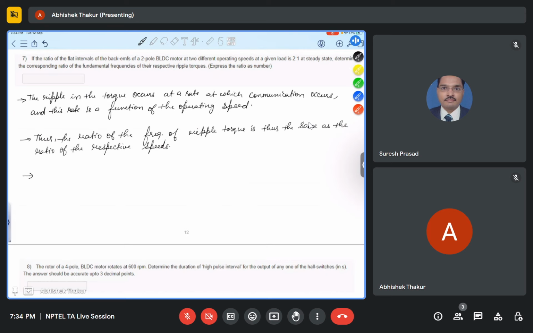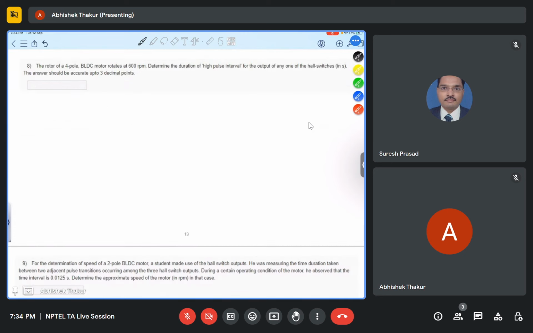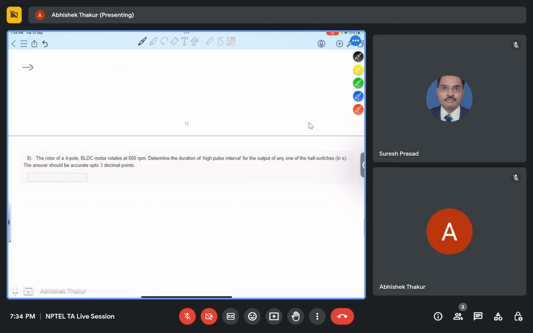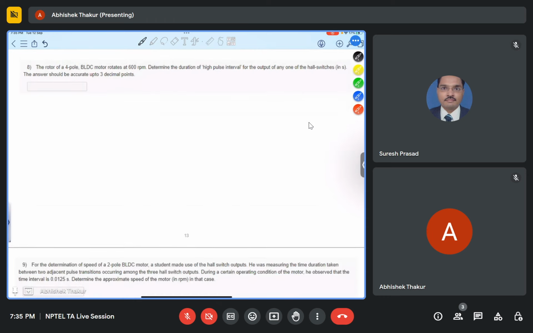So the ratio will be the same, and the ratio of the frequency of ripple torques will be 2:1 only. This ratio can be represented as 2, the same as 2:1. So let's move on to the next question.